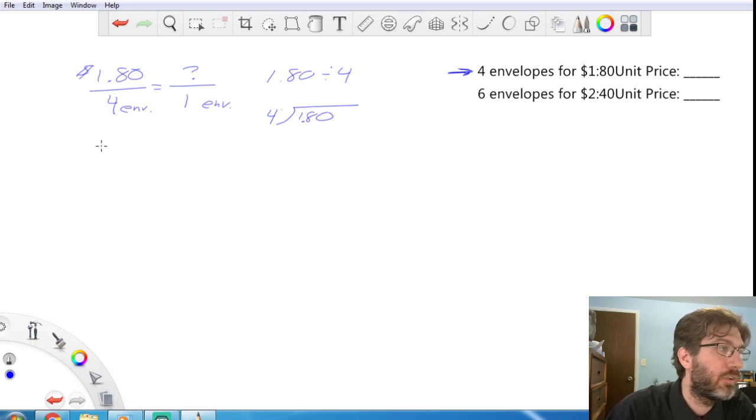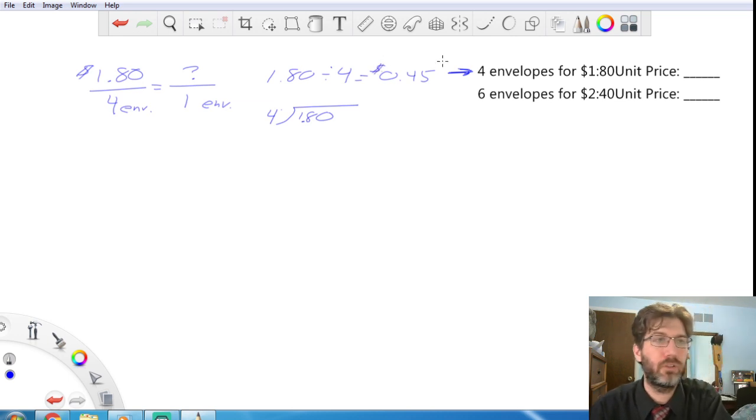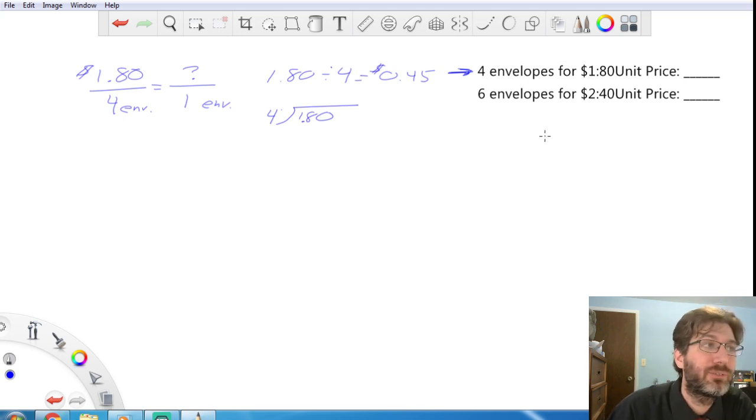So here, 1 envelope is going to cost 45 cents. Lyra, I don't really care which way you do it, as long as you get me the unit price and you can compare them. If you want to do cross multiplication, go right for it. It's however you want to figure out unit price. Believe it or not, math can be pretty creative, so you can find your own way even if you wanted to. Yeah, you can do it with cross products too.